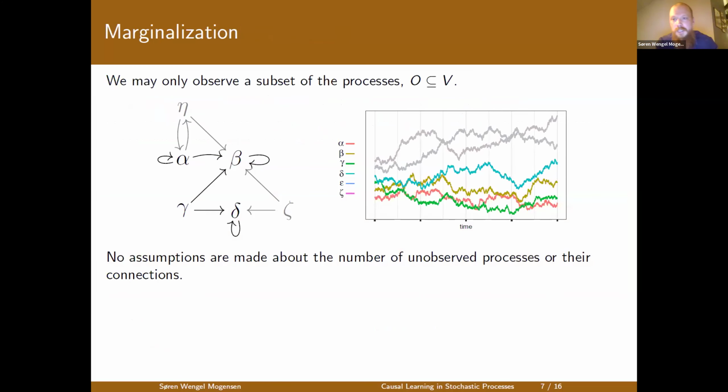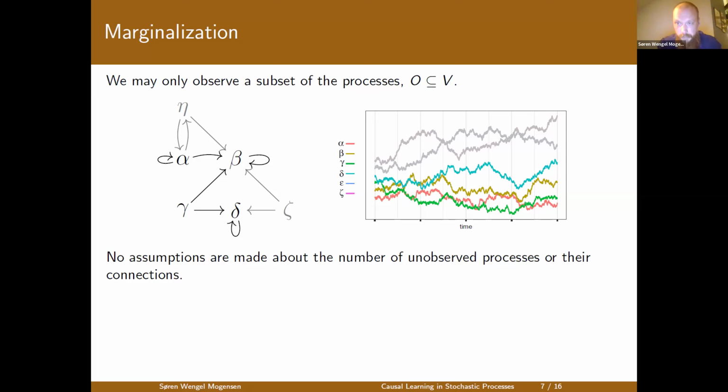And one complication is the fact that we may not observe all of these coordinate processes. So we want to be able to account for the fact that some of the coordinate processes are unobserved. And of course, in a stochastic process, you may have partial observations in different ways, right? But the specific kind we're talking about is the case where some of these coordinate processes are fully unobserved.